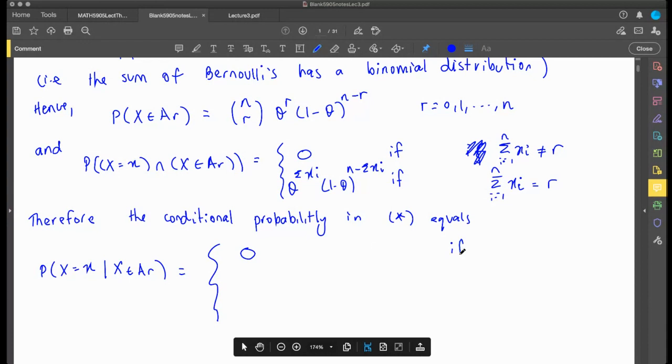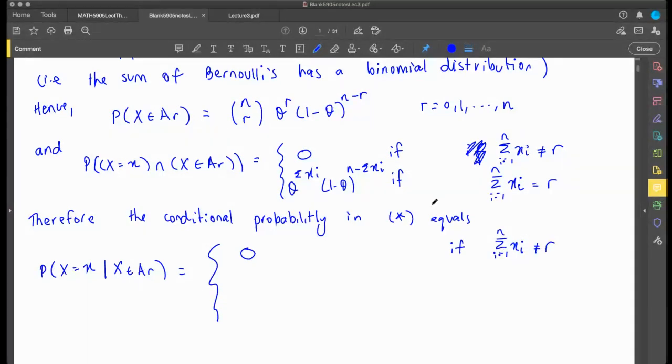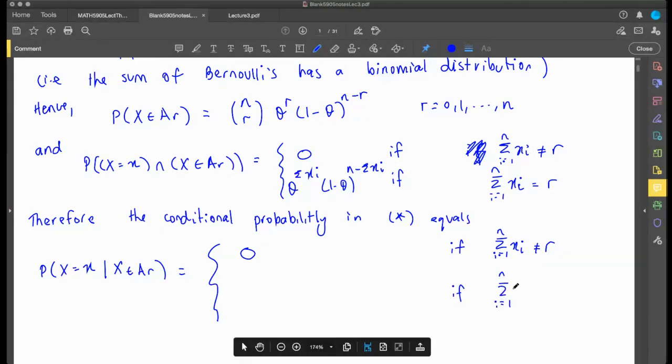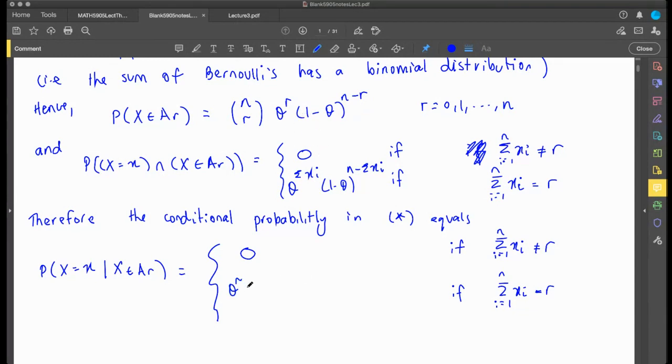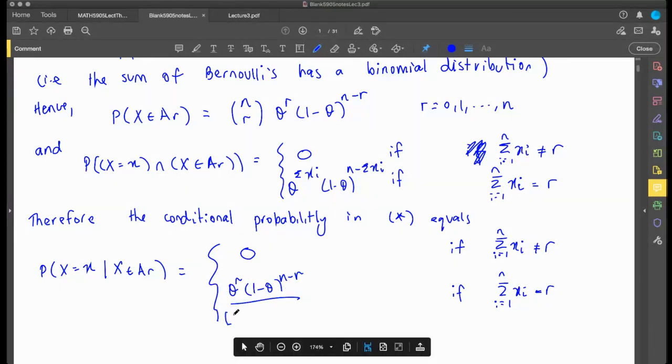It takes the value 0 if the sum from i equals 1 to n of x_i does not equal r, because the numerator is 0 in this case, so the whole thing is just 0. And for the other case, when it does happen to equal r, it's this expression divided by this expression: theta to the r, 1 minus theta to the n minus r, divided by n choose r, theta to the r, 1 minus theta to the n minus r.